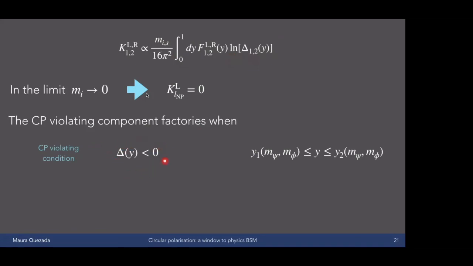We require this, and this happens within these 2 values here, y1 and y2, which are basically found when this is equal to 0. We solve the system and then we find these 2 quantities here. These 2 are obviously larger than 0, but they are smaller than 1.